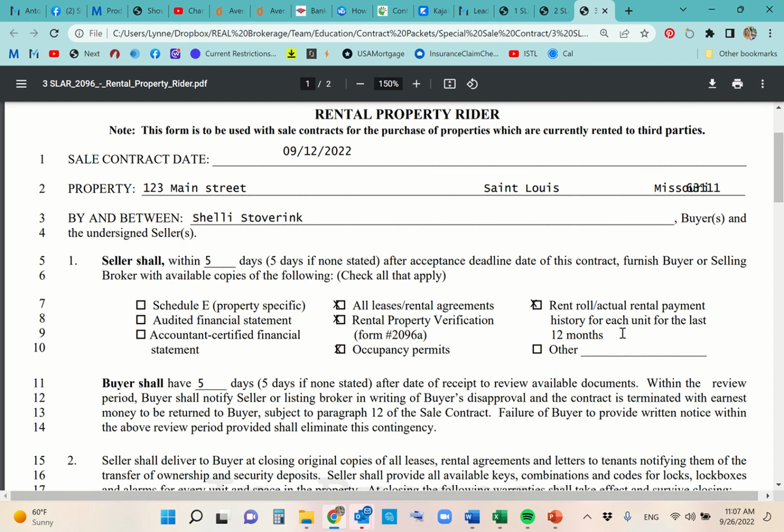Basically this is going to give you the ability to see what building you're buying. Just because we see that rent is being charged to people, it doesn't speak to the quality of the tenant. If you look at 12 months and you can see that Jane Doe was late 6 of those months, maybe she's habitually late, but she stays caught up and doesn't run a balance, that might be okay.